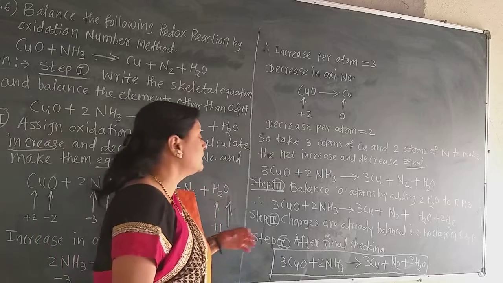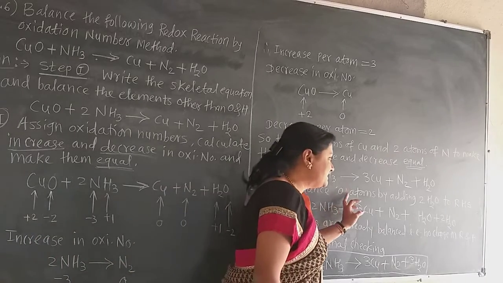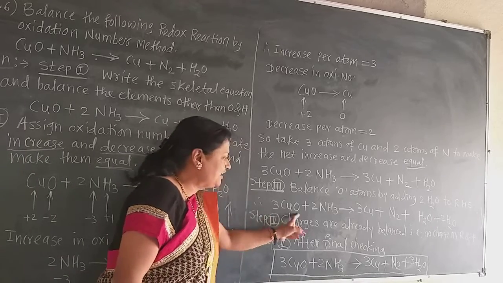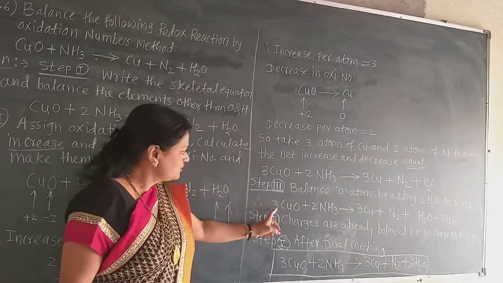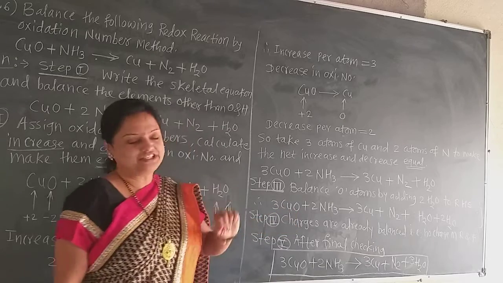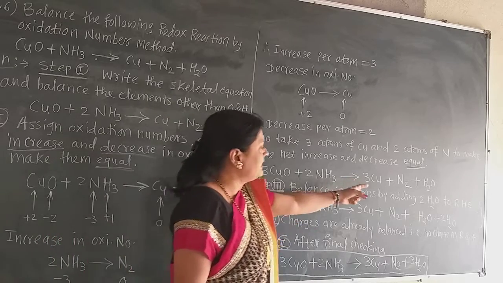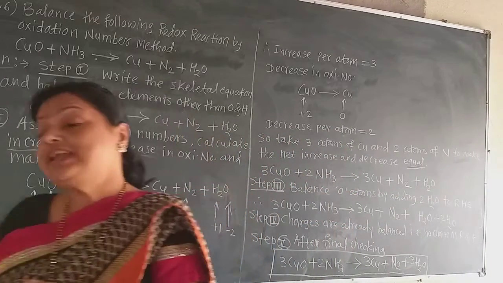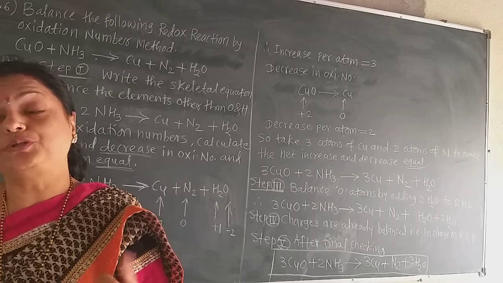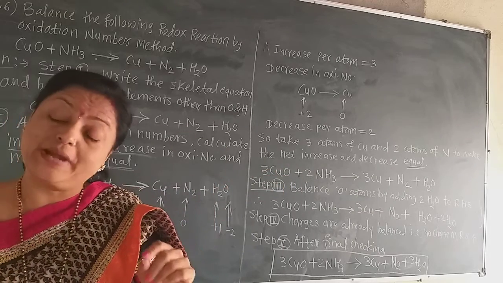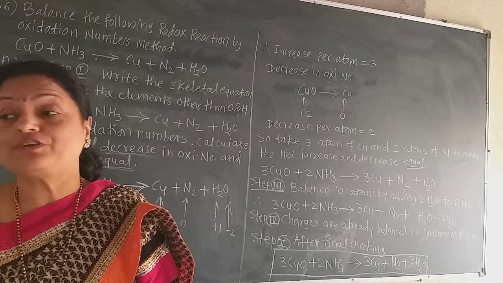Now in the third step, balance the oxygen atoms. See here, there are 3 oxygen atoms on the left hand side, 3 CuO. That means there are 3 copper and 3 oxygen. But on the right hand side, we see only 1 oxygen atom. Then how many water molecules do we have to add to the right hand side? There is already 1 water molecule. But to balance oxygen, how many water molecules do we have to add?